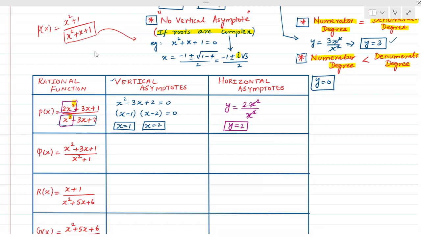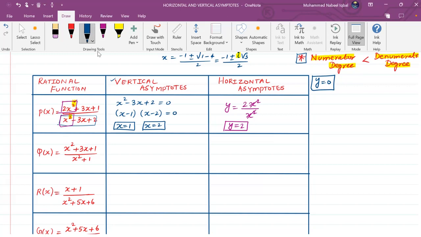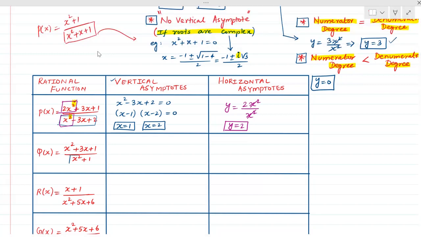Similarly, there is another example. Q of x is equal to x square plus 3x plus 1 over x square plus 1. Now I have to calculate the vertical asymptote. In order to calculate the vertical asymptote, solve the denominator of the rational function and set it equal to 0.